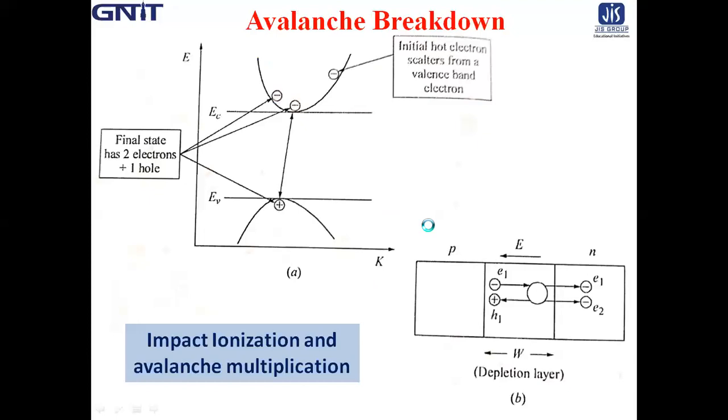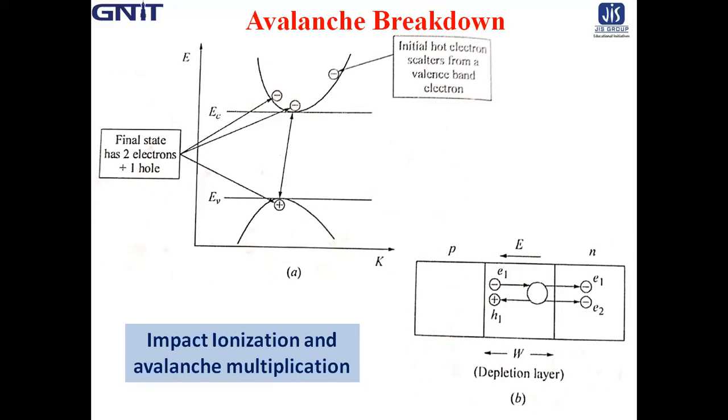Next is the avalanche breakdown. Avalanche breakdown occurs in lightly doped reverse bias PN junction, not highly. Lightly doped reverse bias PN junction.